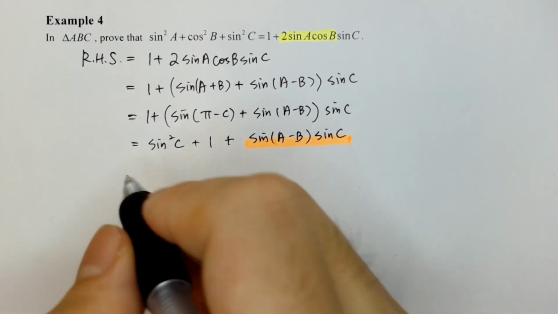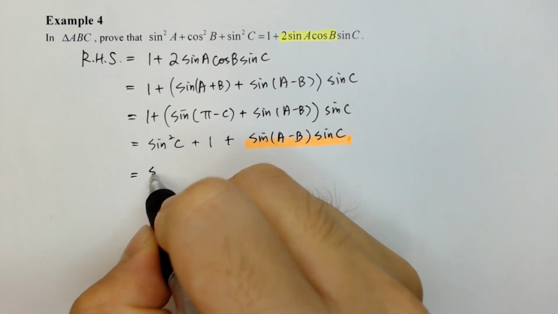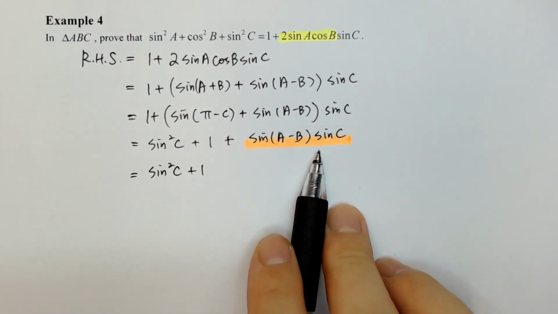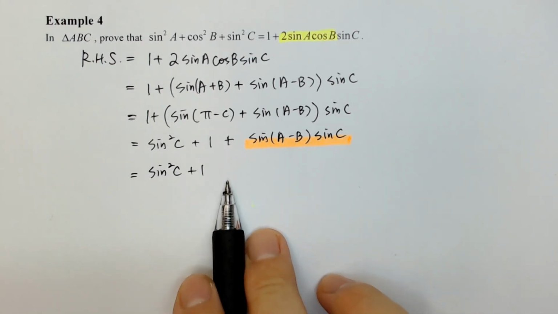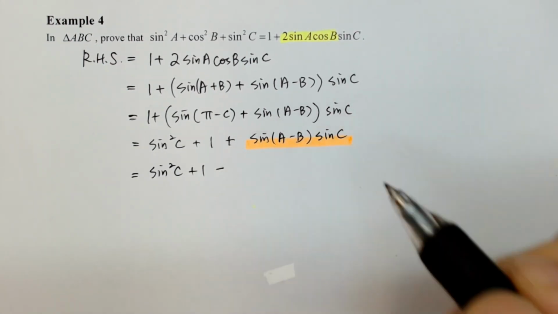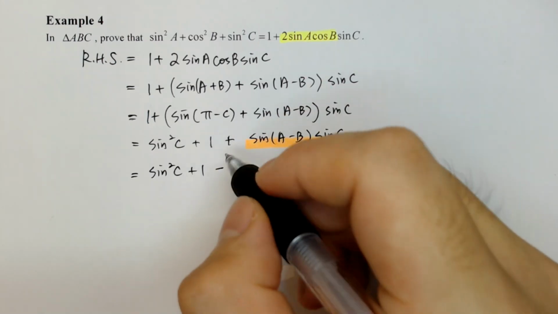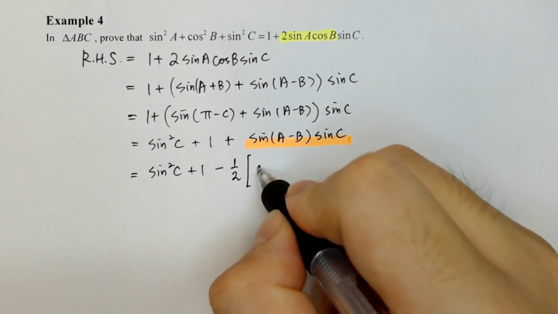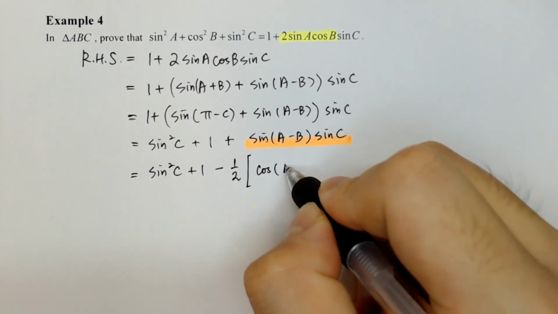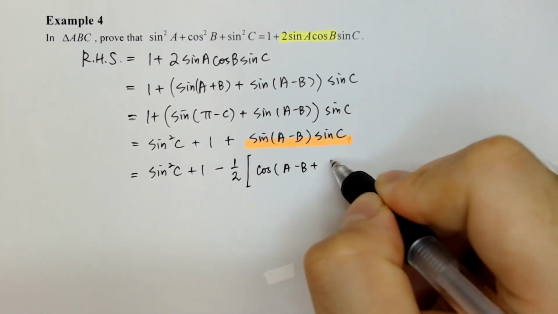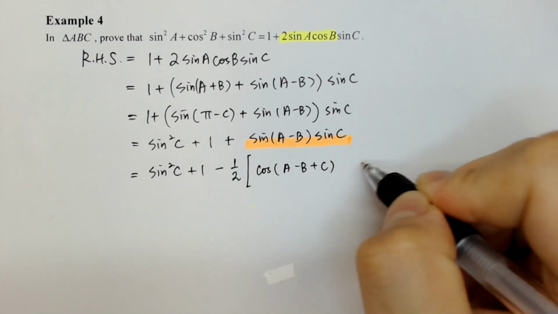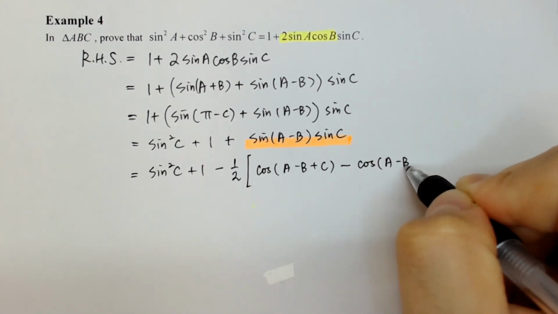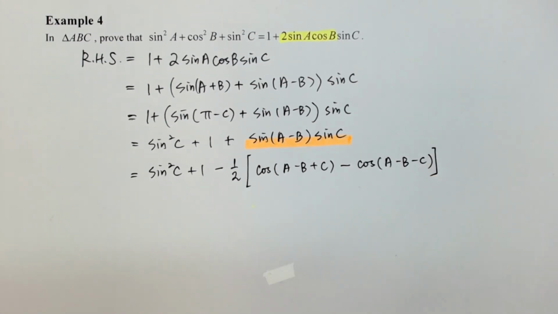It's the subtraction of two cosines. But for subtraction of cosines, you should have a negative sign in front. And also, we have 1 over 2 here. So we have cosine of the addition of A minus B to C, and minus cosine of this angle minus C.